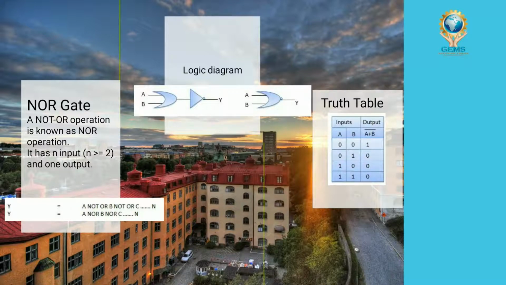So NAND is the combination of NOT gate plus AND gate. Next, NOR is the combination of NOT gate plus OR gate. This is the truth table of the NOR gate. Inputs A and B: 0 0, answer is 1; 0 1, 0; 1 0, 0; 1 1, 0.